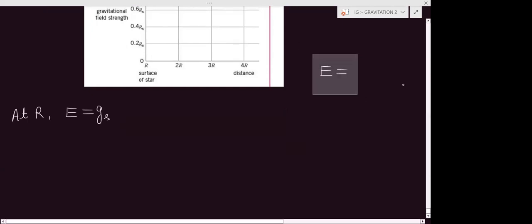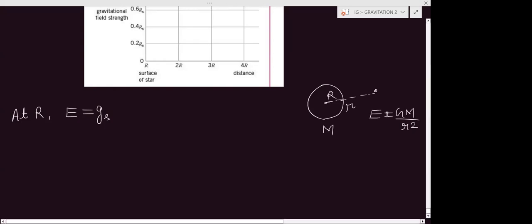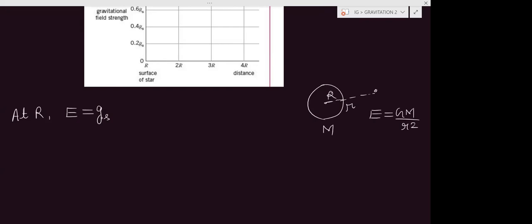For example, if there is any mass m having the radius r, the gravitational field strength at any point from the center, at distance small r, is E equal to GM divided by small r square. On surface, it will become GM divided by r square. So gravitational field strength on the surface is this. At r, this is the value.